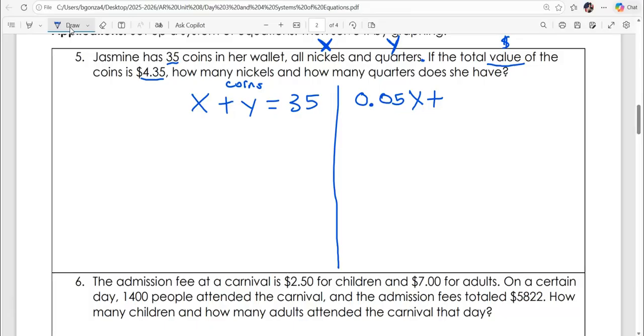All right, and then quarters. How many cents are in a quarter? 25. She got it.